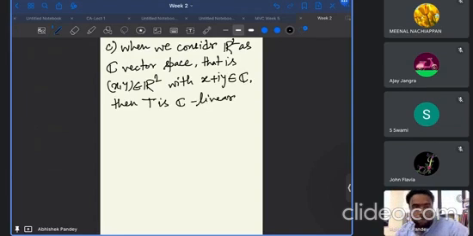This is the third option. There is no fourth option.